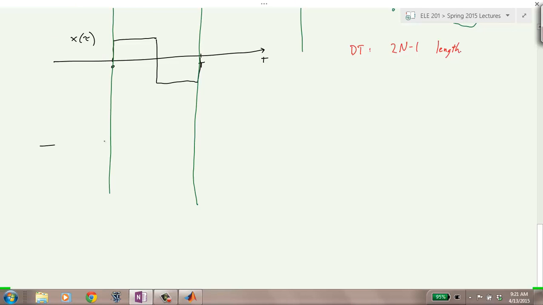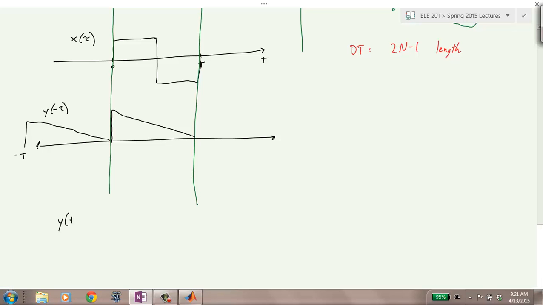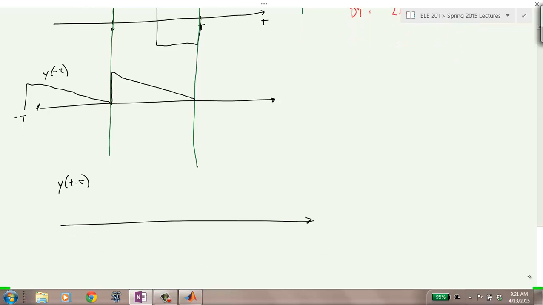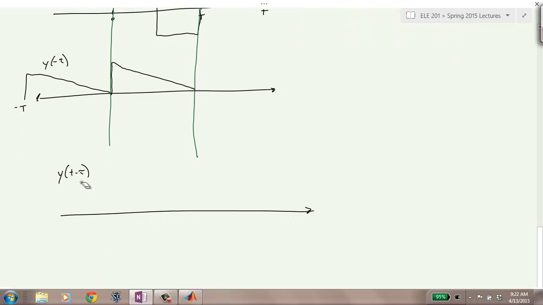Now for the y of negative tau, let's say for t equals 0, it goes like this. But wrap it around, since it's off the left side, we bring it over here. Now, as we shift, so that means y of t minus tau, because we have to do this for every shift, let's say t is some small positive number.